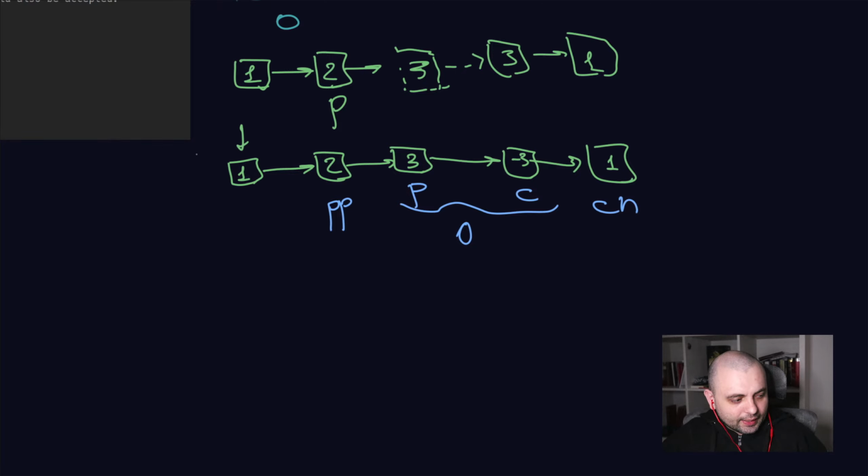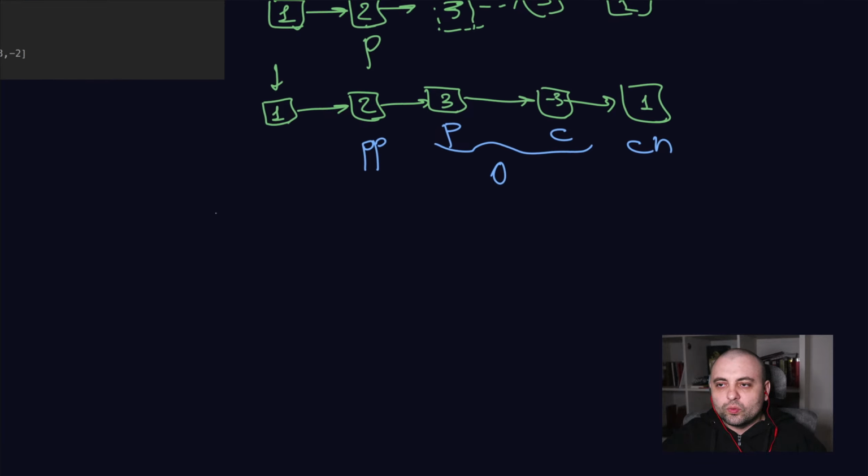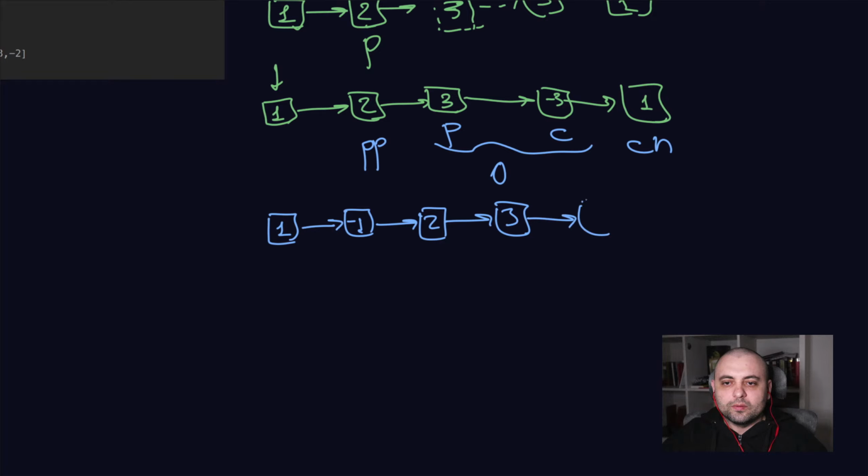But we have another case. The other case for us would be, let's imagine we start with 1 and minus 1 right away, and then we have like 2, 3, and 4. So the head will be nullified with this current.